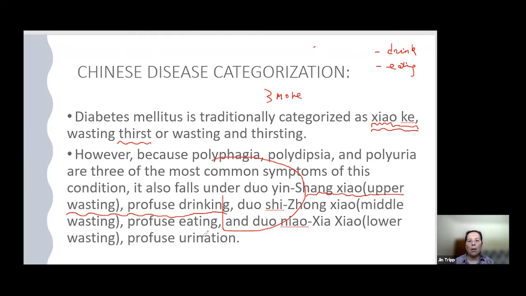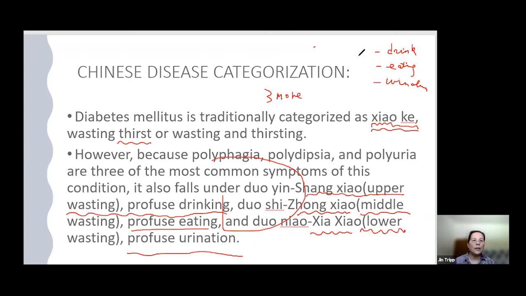And the people eating more, usually we call 中焦, meaning middle burner disorder. People perform more eating. And the people urinating more, that we call 下焦, lower jaw disorder, performing more urination.